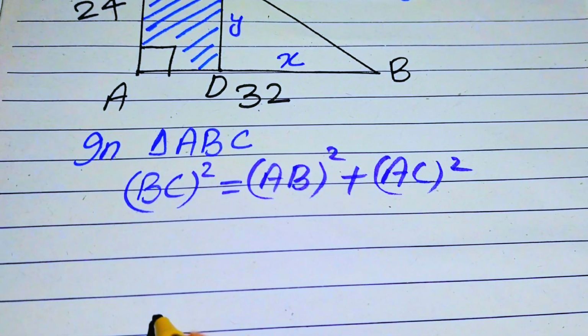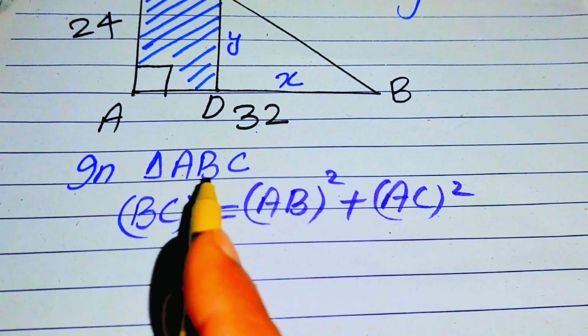So this is the Pythagorean theorem according to the triangle ABC.